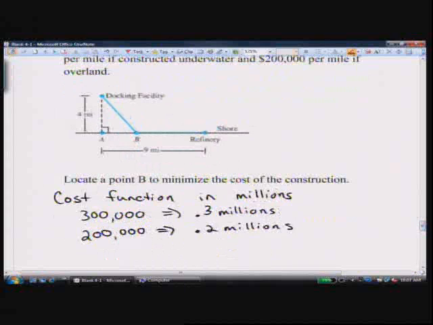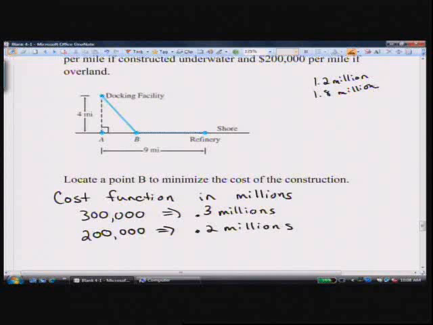So this would be 1.2 million, and then this would be 1.8 million, which would be 3.6 million if you just went. Is that right? Oh, 3.0 million. $3 million, if you just went straight there.